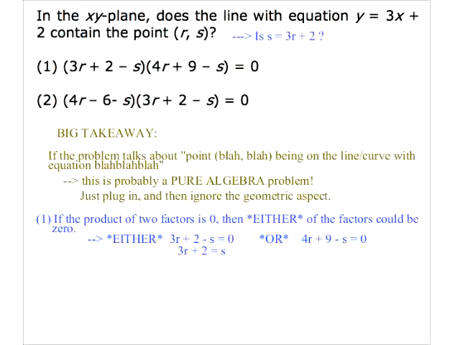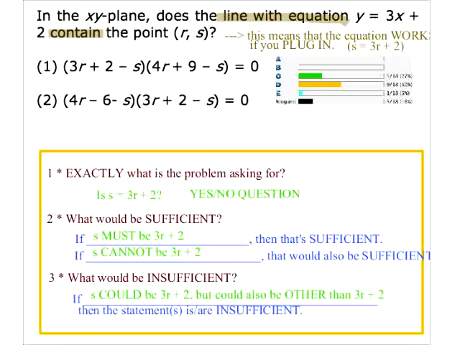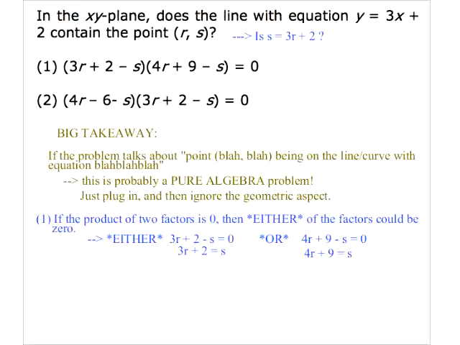Now remember what the question is. The question is, is this true? So if 3R plus 2 equals S, then those points will all be yes to the question.